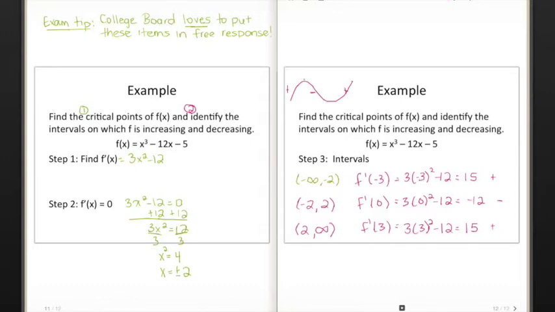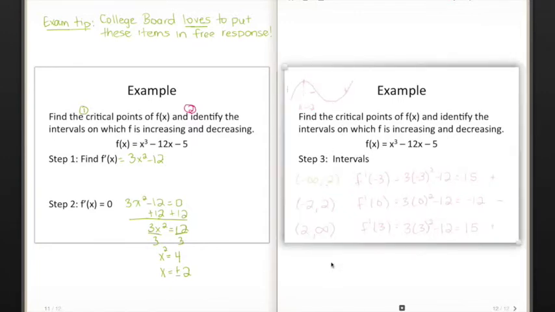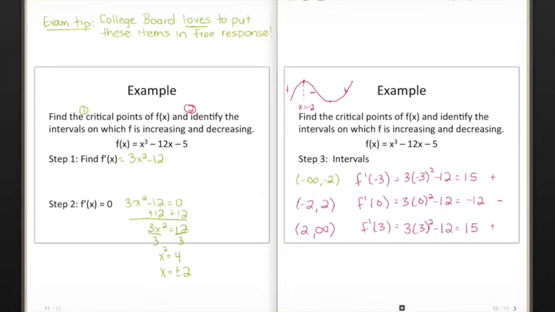So here's a rough idea of what it might look like. There are parts where my function is increasing, decreasing, and increasing again. The first time that changes is at x equals negative 2, and the second time that changes is at x equals positive 2.